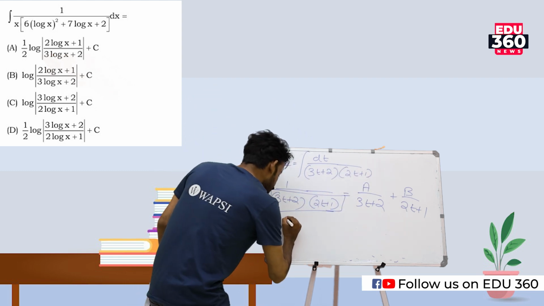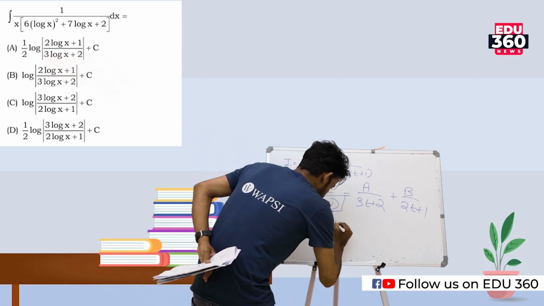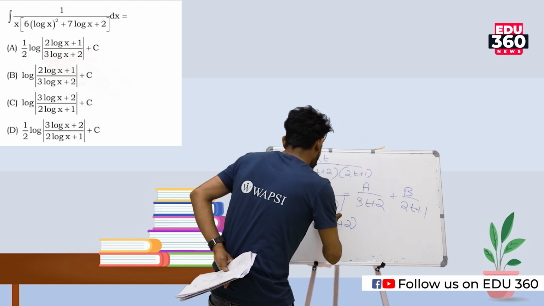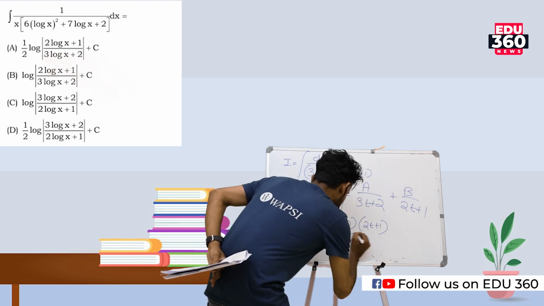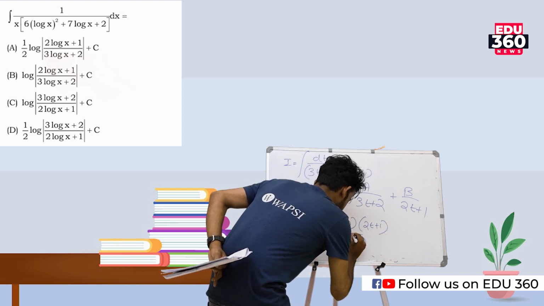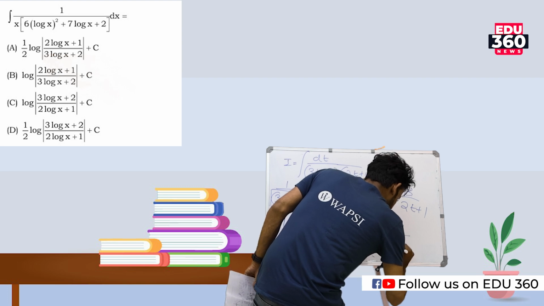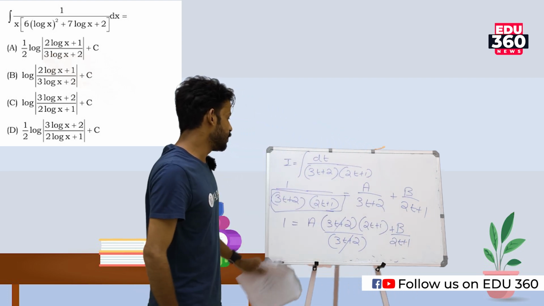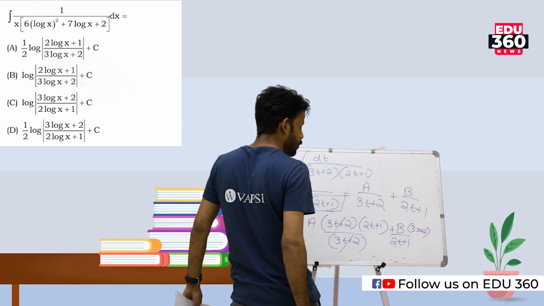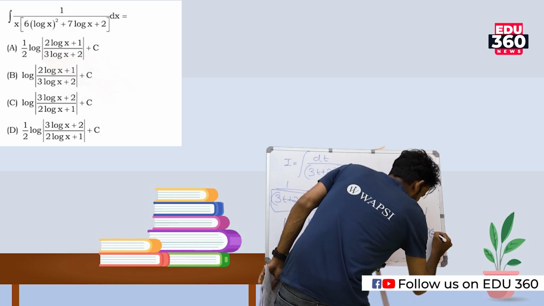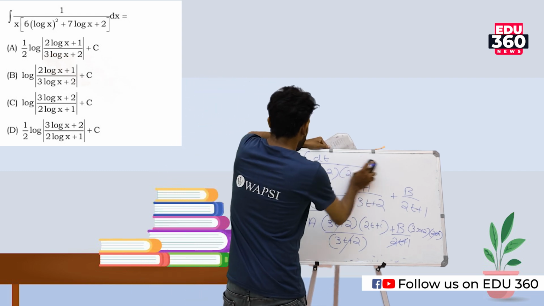So 1 is equal to A into (3t+2)(2t+1) divided by (3t+2), just cancel here, plus B into (3t+2)(2t+1) divided by (2t+1), so we can cancel this.